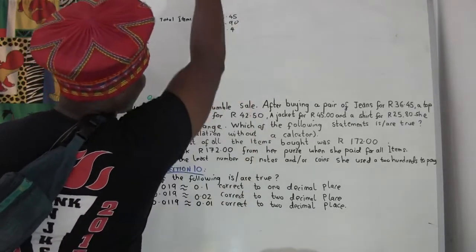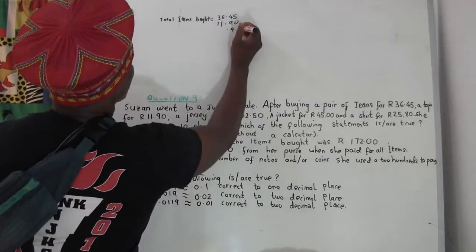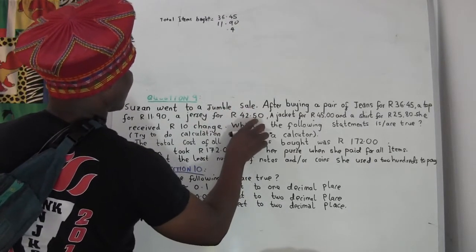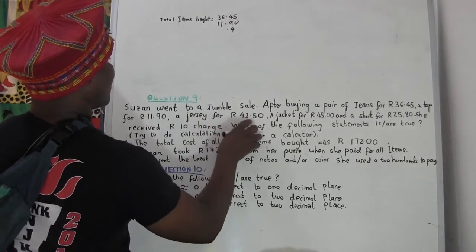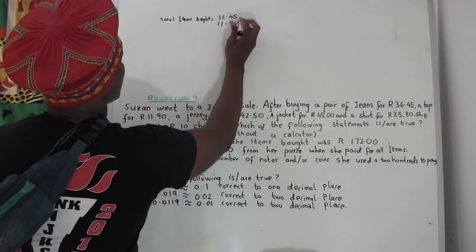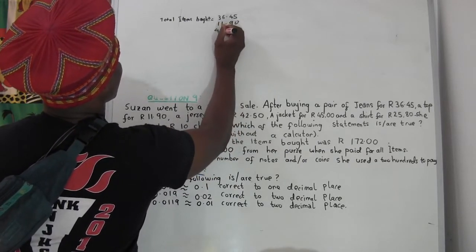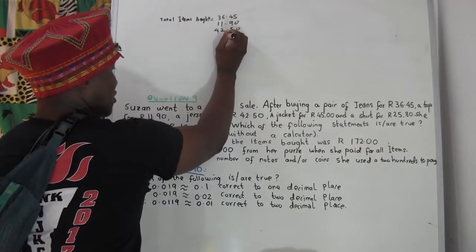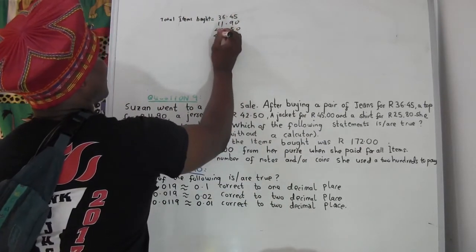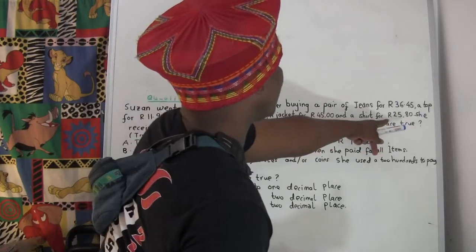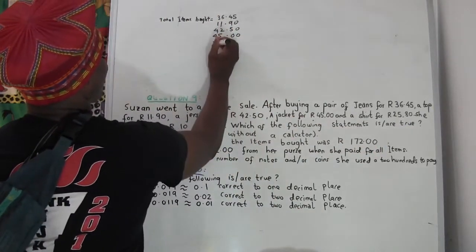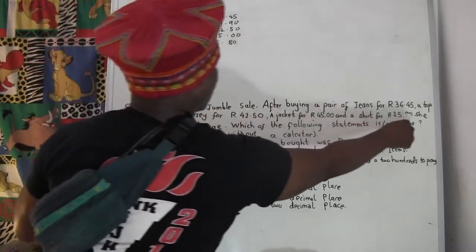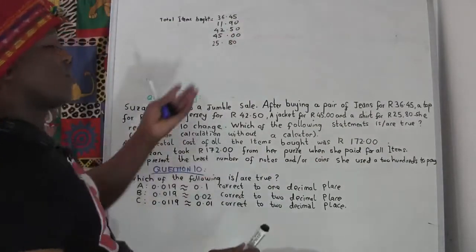Make sure the decimals are on the same line. Now the jacket, 45.00. Now the shirt for 25.80. Okay, she received a change, so don't worry about the change.